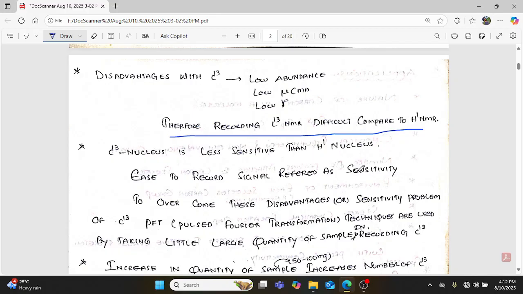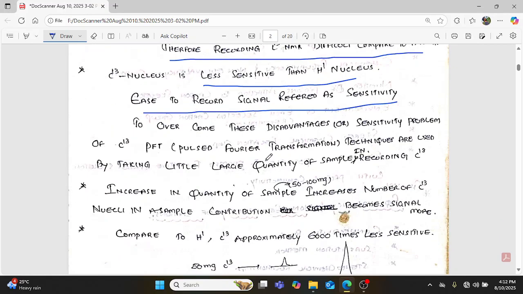Because of these reasons, it is highly difficult to record the C13 NMR spectra. The C13 nucleus is less sensitive than the proton nucleus. Sensitivity means the ability to record the signal. Recording of the signal is very difficult.